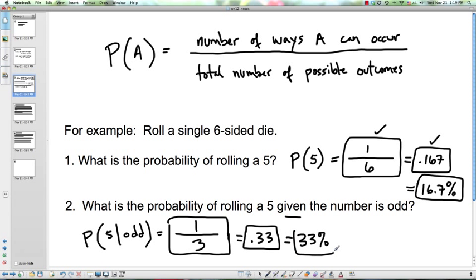Those are all different ways of writing that. So that's the idea of a conditional probability: I restrict the total number of outcomes to just those things that are given, and then say out of the things that are given, what's the probability of a specific event?